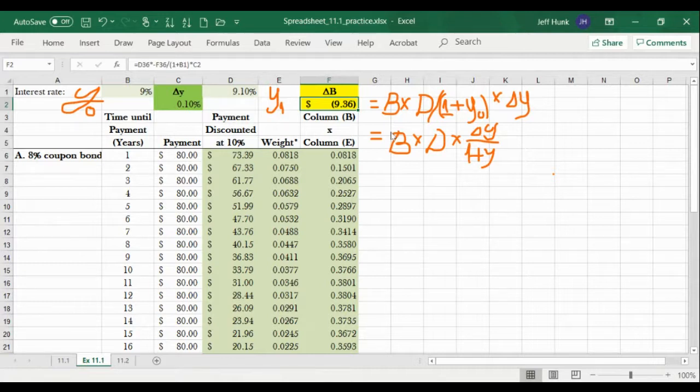A forecast of interest change and the duration. And we did that with a 30-year bond.